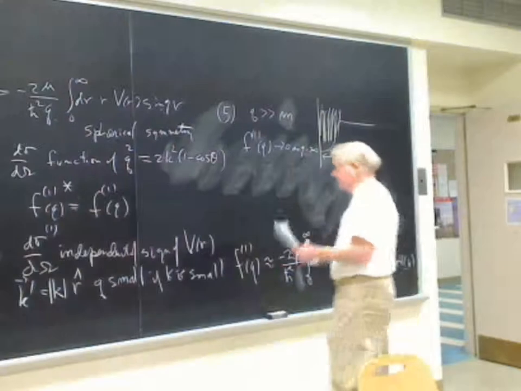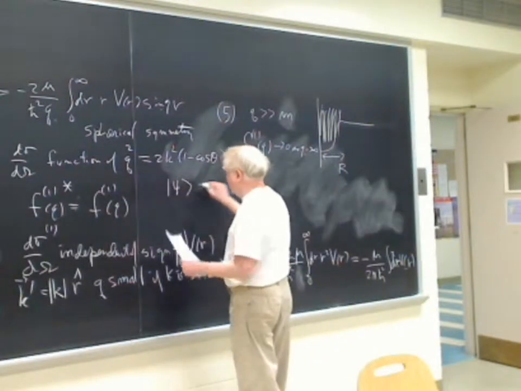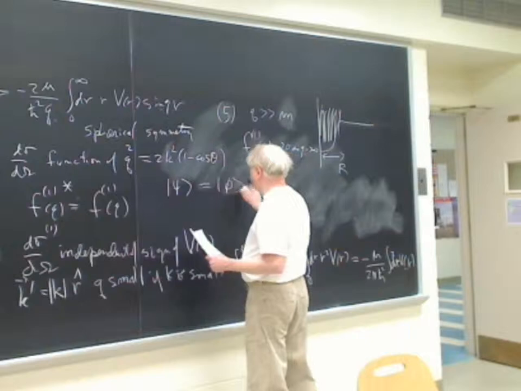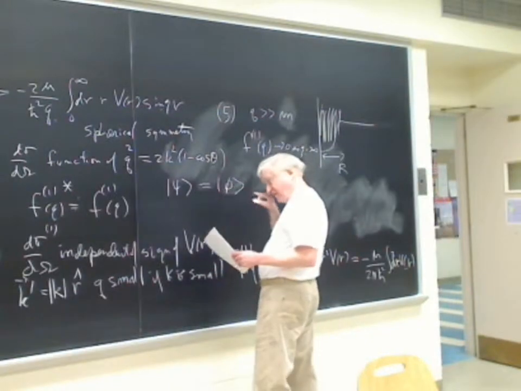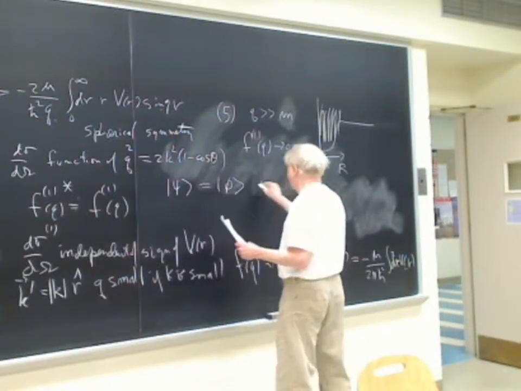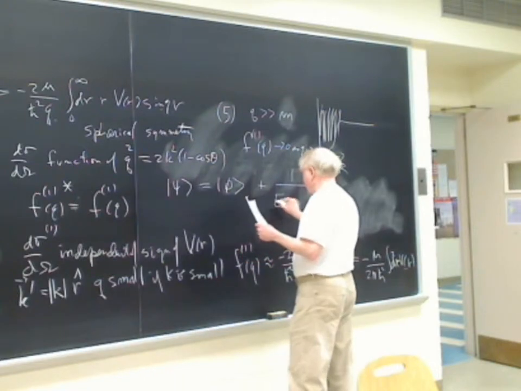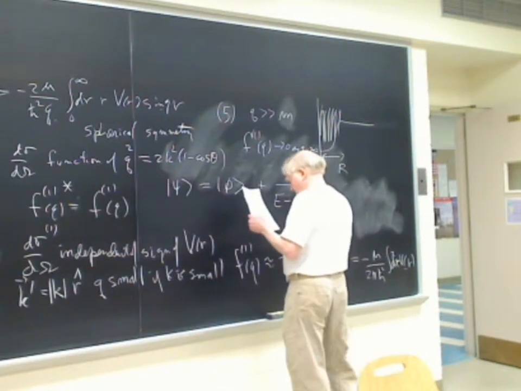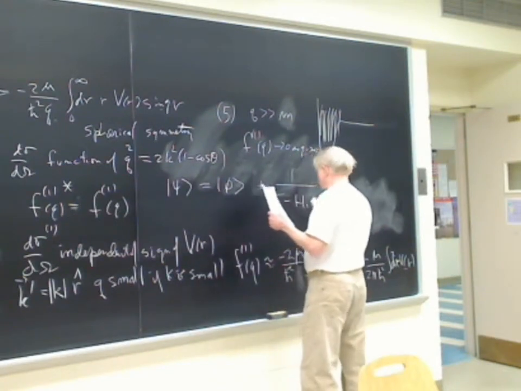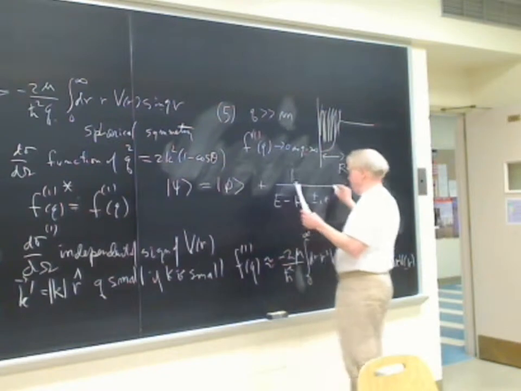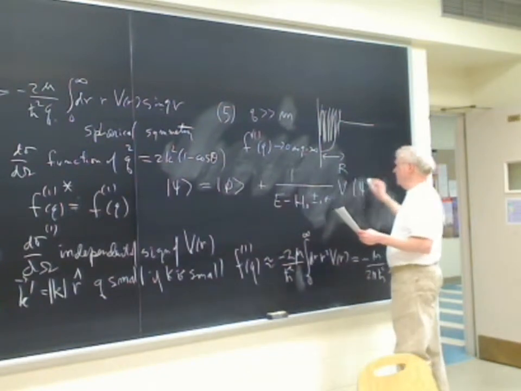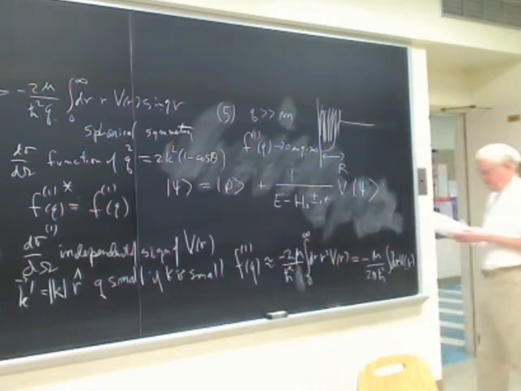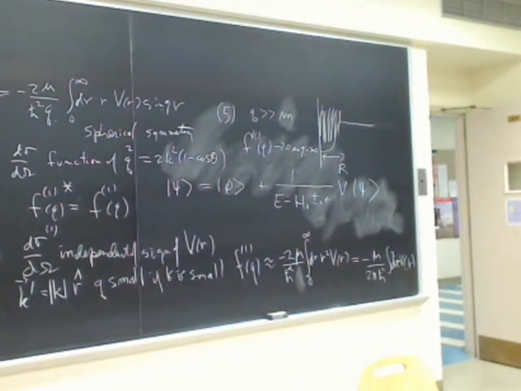It's basically that you say that your scattering state is a free ket corresponding to a plane wave plus 1 over E minus H0 plus or minus i epsilon times V times psi. That's basically the equation. And I don't know, it's a lot of mathematics. I'm not sure how much physics is in this.